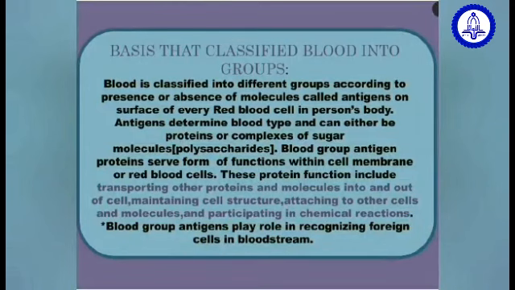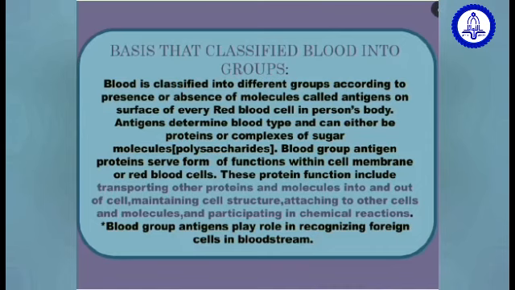Blood is classified into different groups according to the presence or absence of molecules called antigens on the surface of every red blood cell in a person's body. Antigens determine blood type and can either be proteins or complexes of sugar molecules, polysaccharides. Blood group antigen proteins serve a variety of functions within the cell membrane of the red blood cell.